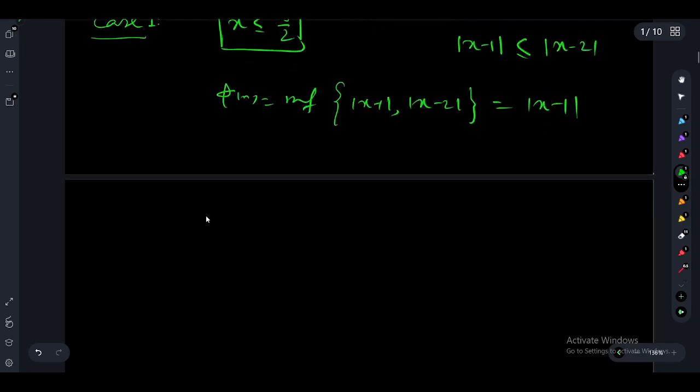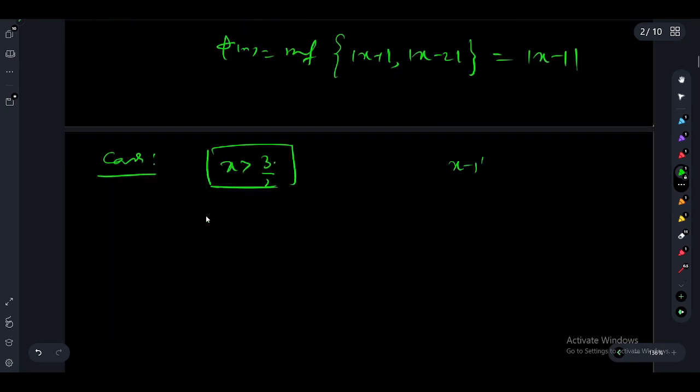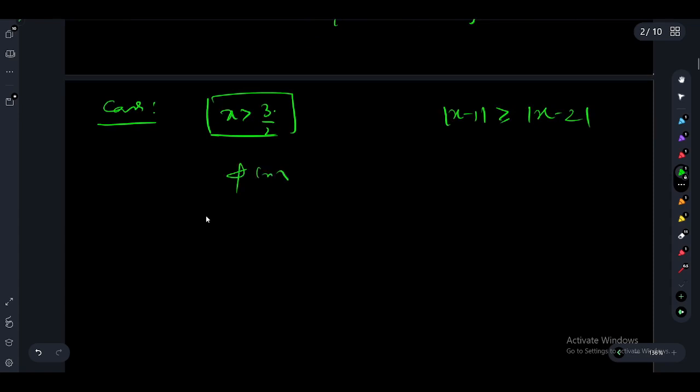And case 2: x is greater than 3/2. In this case |x minus 1| is greater than or equal to |x minus 2|. So phi(x) is the infimum of |x minus 1| and |x minus 2|, and since |x minus 2| is always less than or equal to |x minus 1|, this equals |x minus 2|.